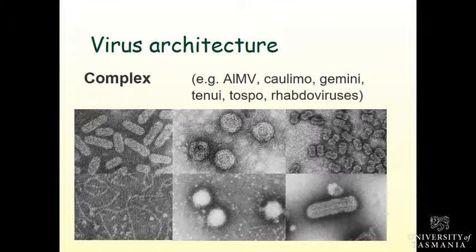These guys are not quite flexuous rods. They're close, but they're incredibly long, twisty, very simple structures. The attenuoviruses. These last two, that's the tospoviruses and the rhabdoviruses, are interesting because these groups both include species that infect plants.